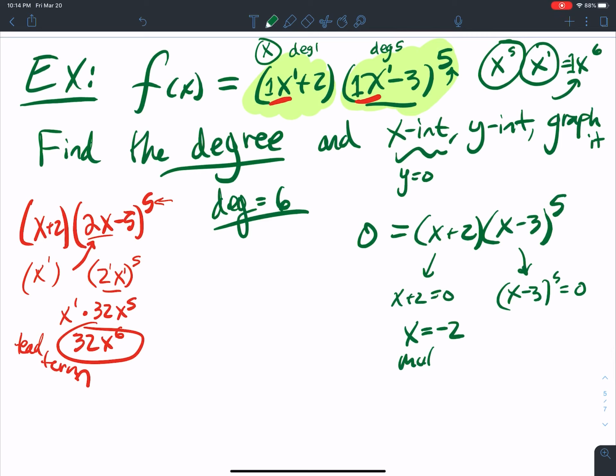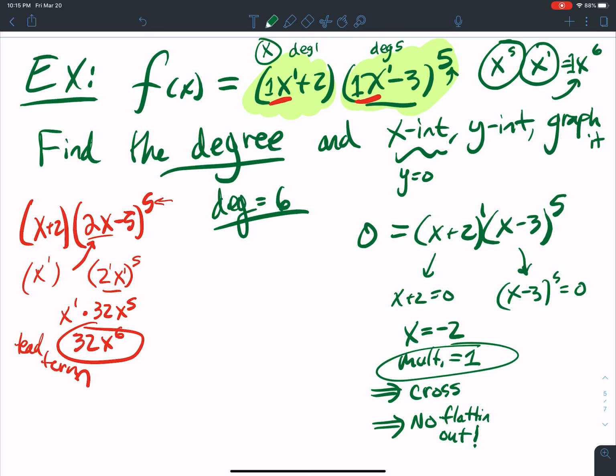The multiplicity is equal to 1. Multiplicity is 1. There's only one copy. It's an odd multiplicity, so that tells me I cross. It's not greater than 1, so that means the multiplicity tells me that there's no flattening out.